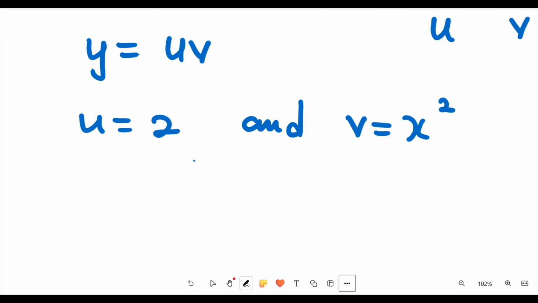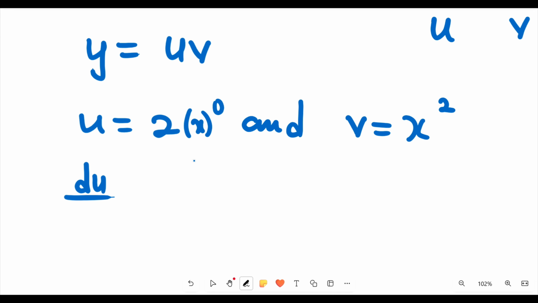We need to find the derivative of each of the functions. We have a function u in terms of x, because this is also the same as x having a power of 0.